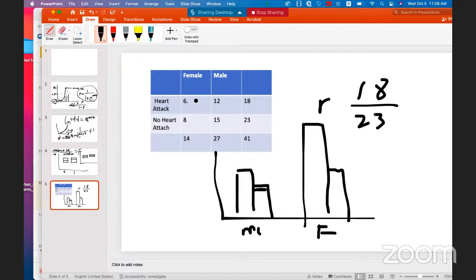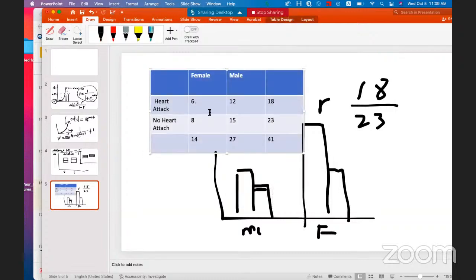So if there's no significance for this group, then it should keep this ratio for heart attack and no heart attack. Okay? So the number of females who had a heart attack. What should be the number of females who had a heart attack? It should be not 6.